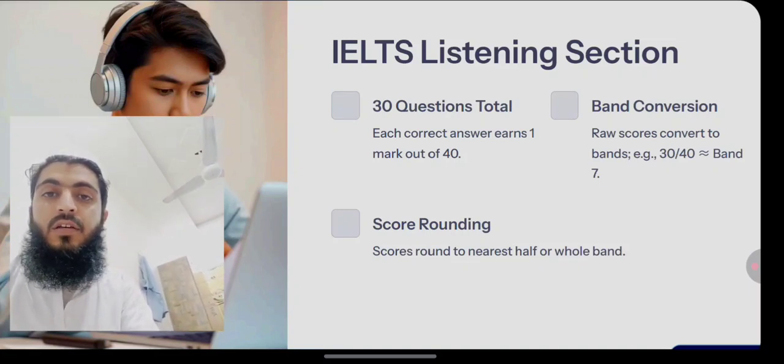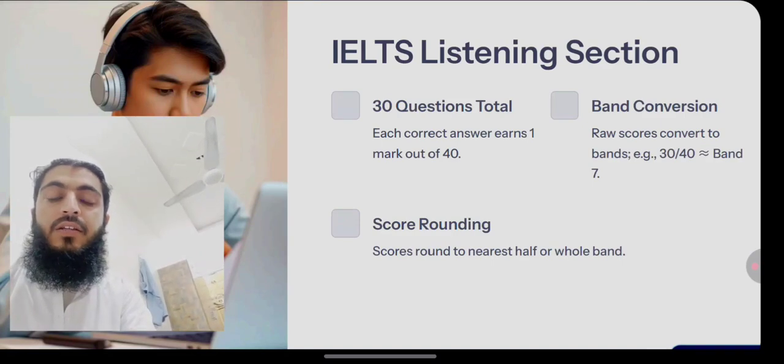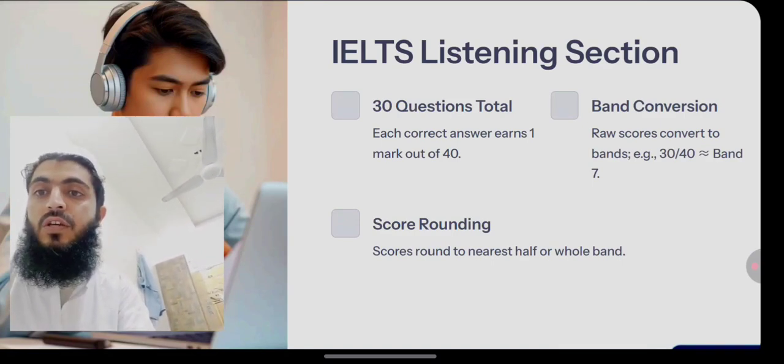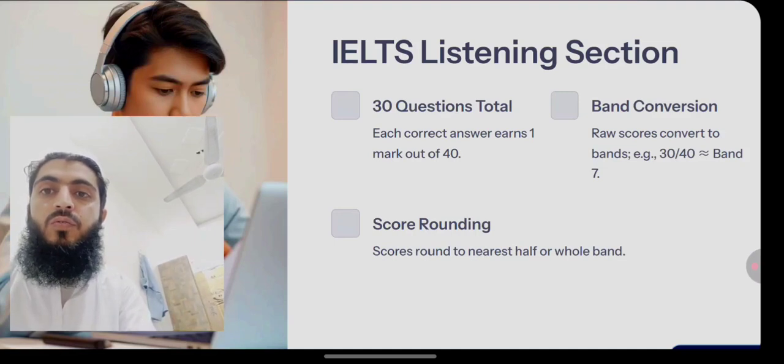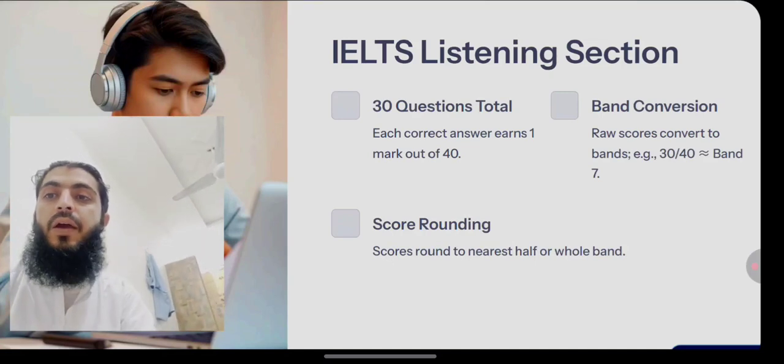If anybody answers 35 or 40 out of 40 questions correctly, they will get 9 band. So it is quite simple and important. Score rounding will be such that your scores round to the nearest half or whole band.